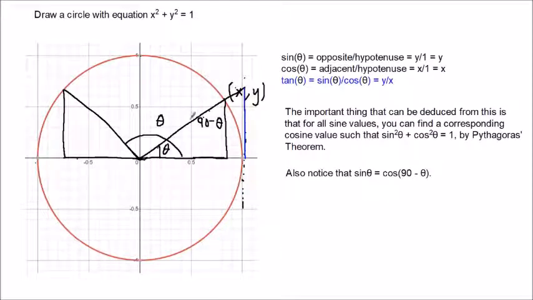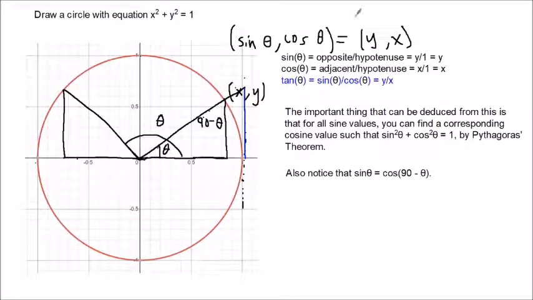The x and y coordinates of whatever angle theta are cosine theta and sine theta accordingly. So sine theta and cosine theta are equal to the y and x coordinates, y comma x, right?